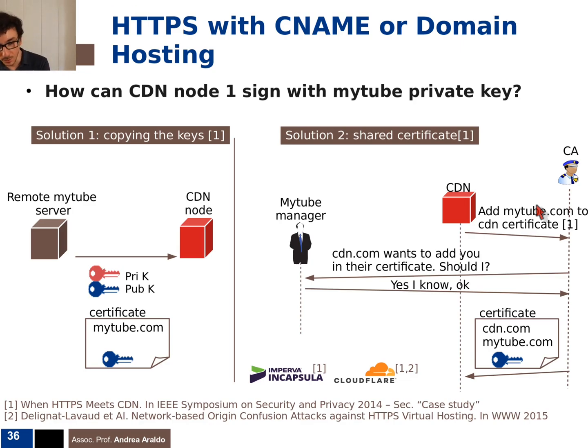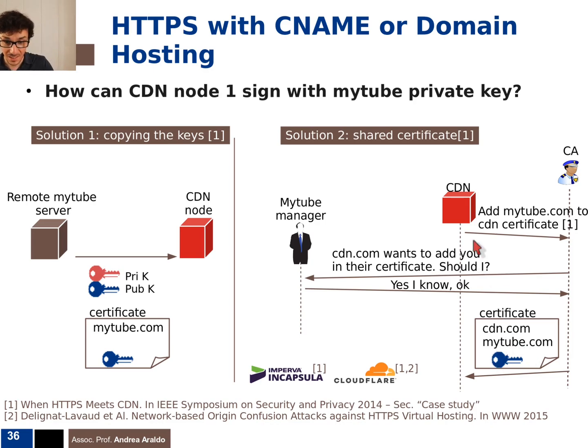They will try to contact MyTube saying, look, is it true that you want your MyTube name to be added to the certificate of the CDN? And the person responsible at MyTube will say, yes, I was in contact with the CDN, so everything is okay. And after this, the certification authority will modify the certificate of the CDN by adding MyTube.